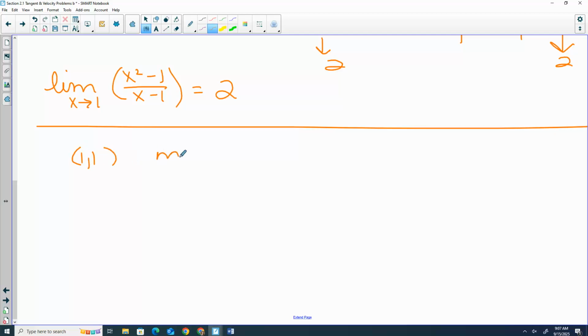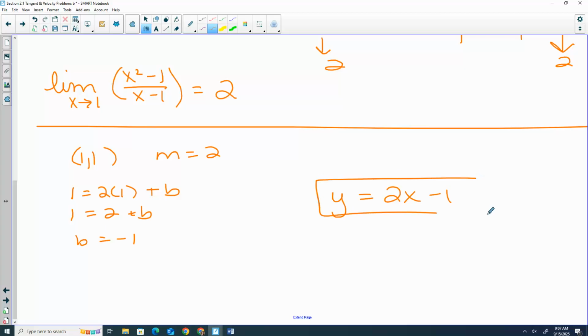We found our slope to be 2. So if you plug into y equals mx plus b, our y-intercept is -1. So the tangent line is y equals 2x minus 1. We found an equation for the official tangent line.